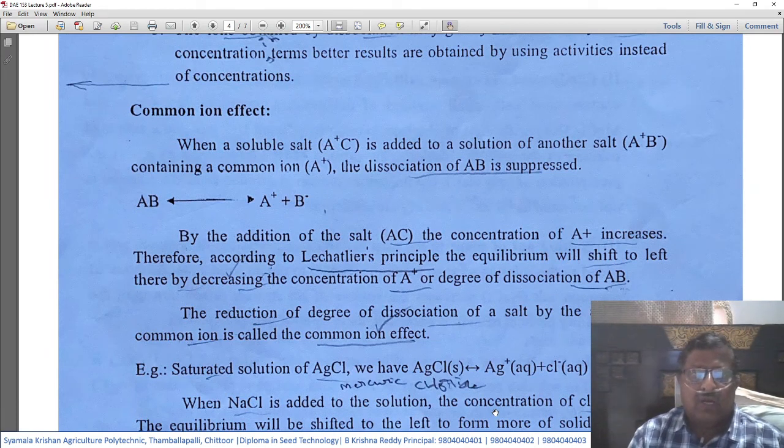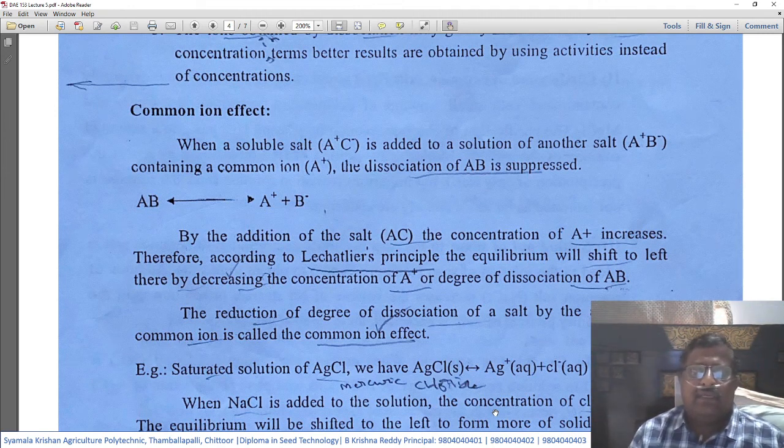When a soluble salt, A plus C minus, is added to a solution of another salt, A plus B minus, containing a common ion A plus, the dissociation of AB is suppressed.